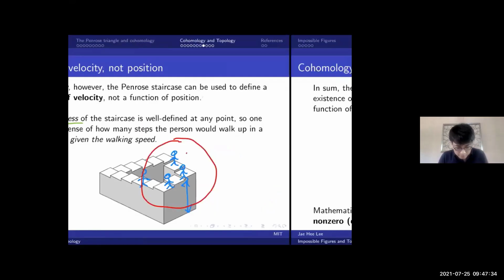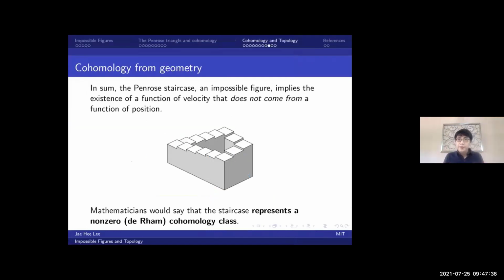So this impossible figure, the existence of this Penrose staircase, is implying the existence of a certain function of velocity that does not come from a function of position.